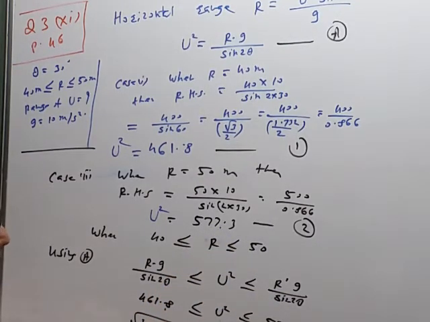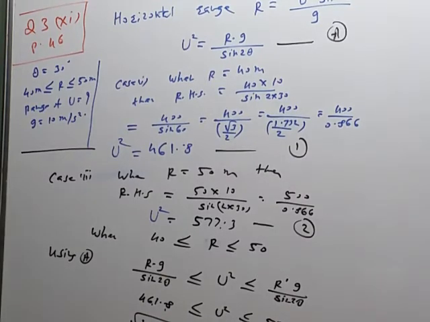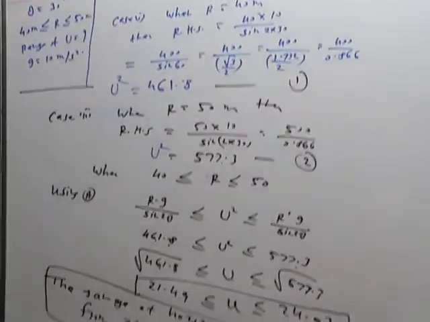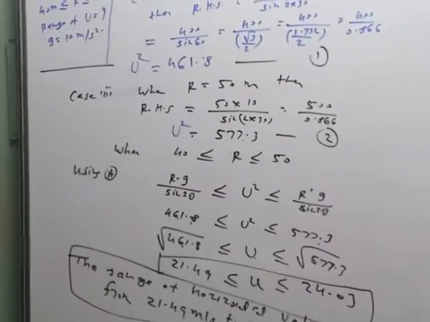You have to find the range of u, therefore taking square root on all the sides. So you can find the range of the initial velocity. If the target is aimed like this, then you can get the range of the initial velocity like this.